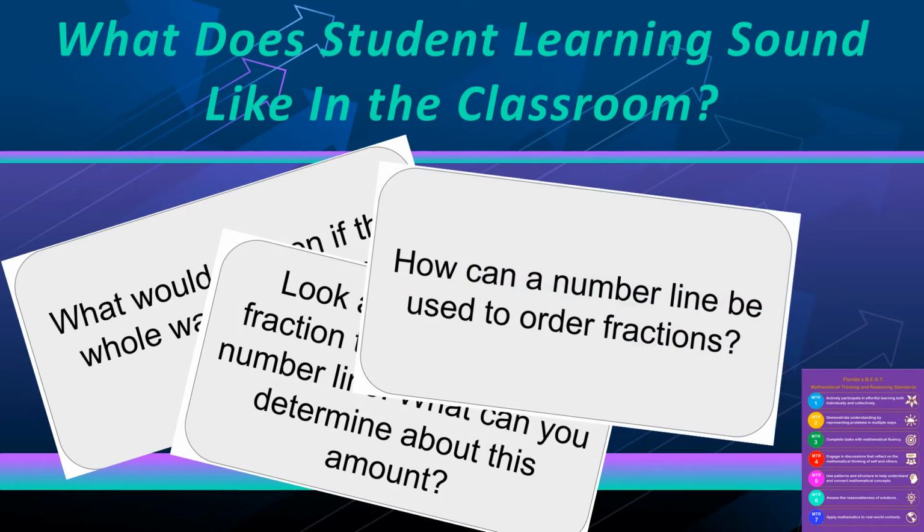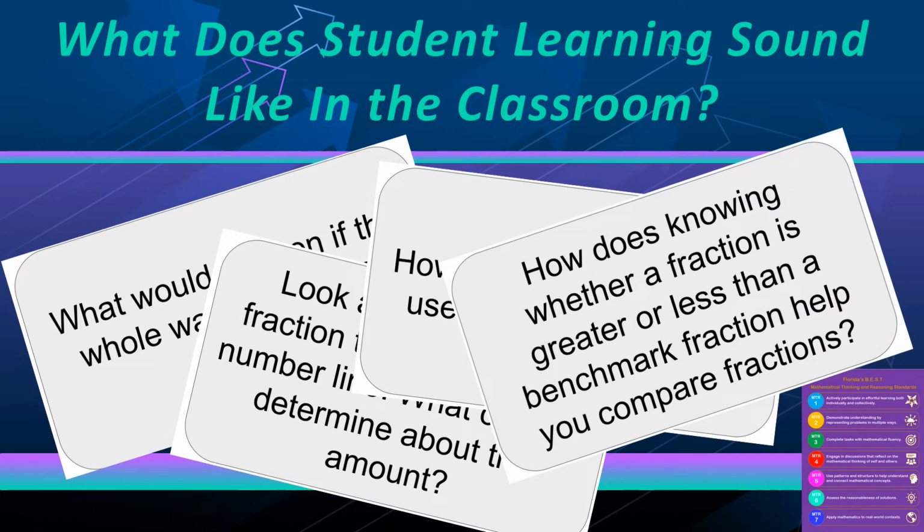How can a number line be used to order fractions? We want students to know the importance of a number line. And how does knowing whether a fraction is greater or less than a benchmark fraction help you compare the fractions? We want to know that benchmarks are very important in helping them compare. The MTRs that go along with these math chat cards would be 1, 4, and 6.